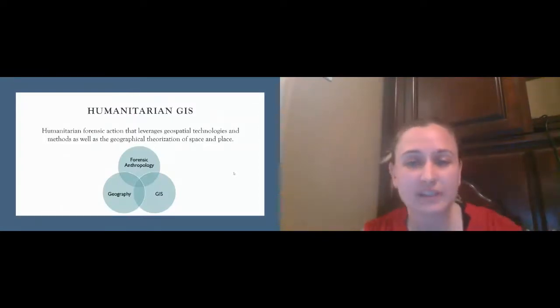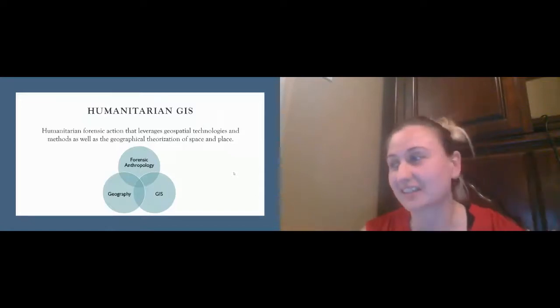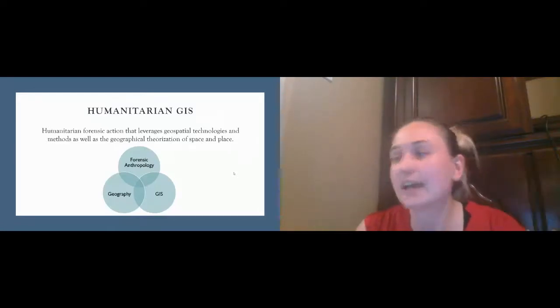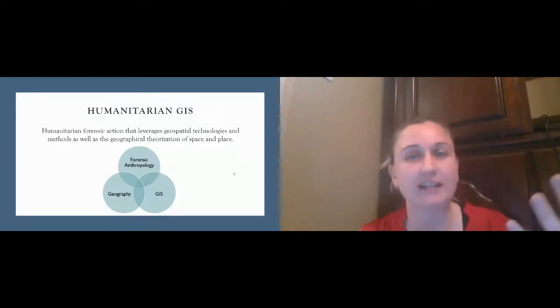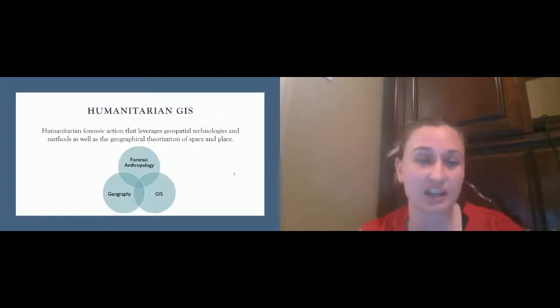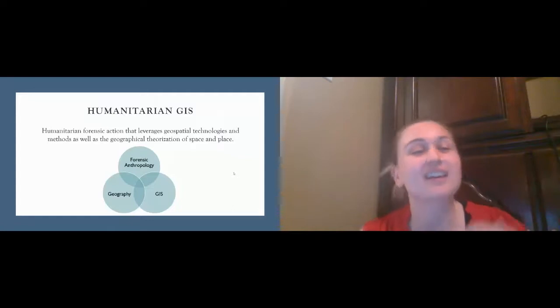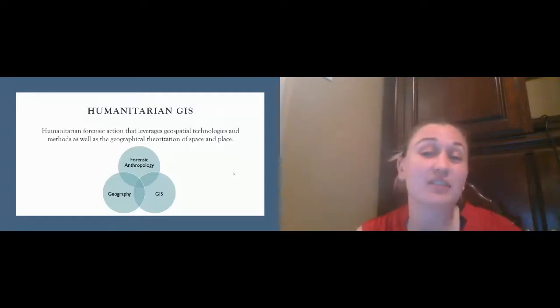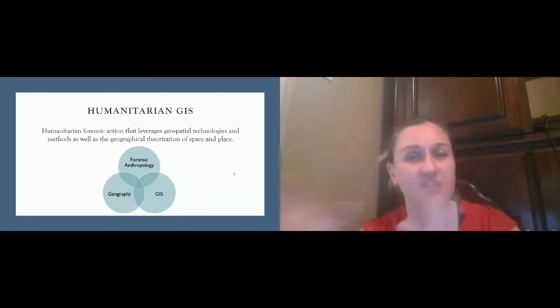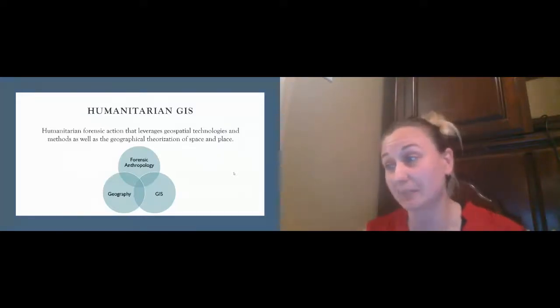What I've noticed as I've studied these things is that geographers tend to focus on human rights monitoring techniques, and anthropologists focus on finding and identifying human remains. I take these convergent interests of these two disciplines to establish humanitarian GIS, which I define as humanitarian forensic action that leverages geospatial technologies and methods, as well as geographical theorization of space and place.